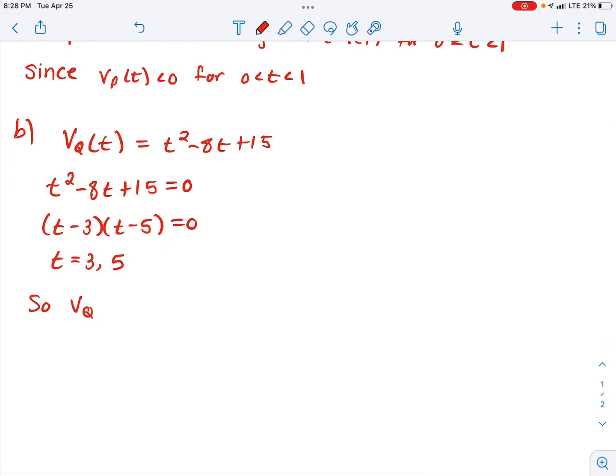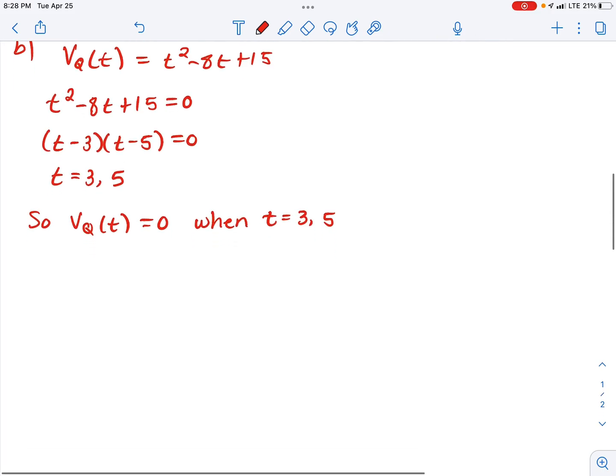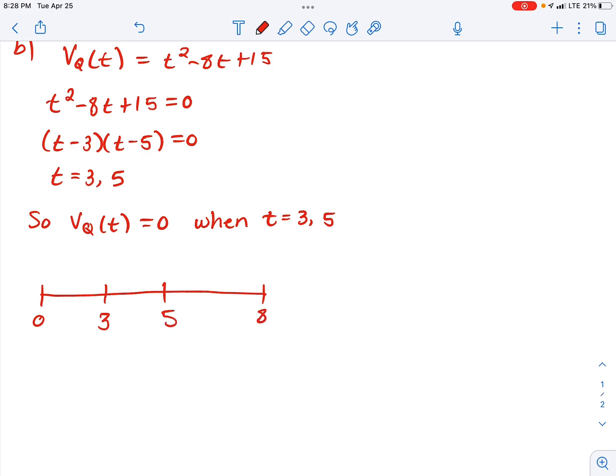So VQ of t is equal to 0 when t is equal to 3 and 5. And then we make a number line: 0, 3, 5, and 8. And plugging in values in between, we should get that this one is going to be positive, negative, positive.